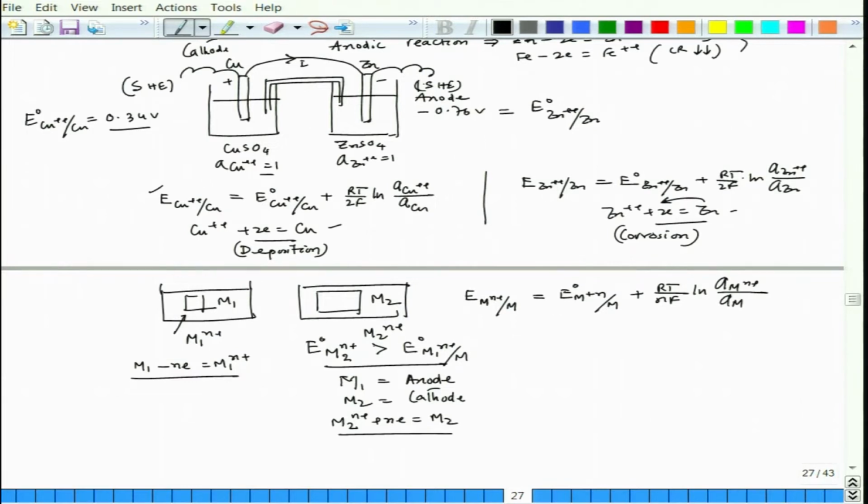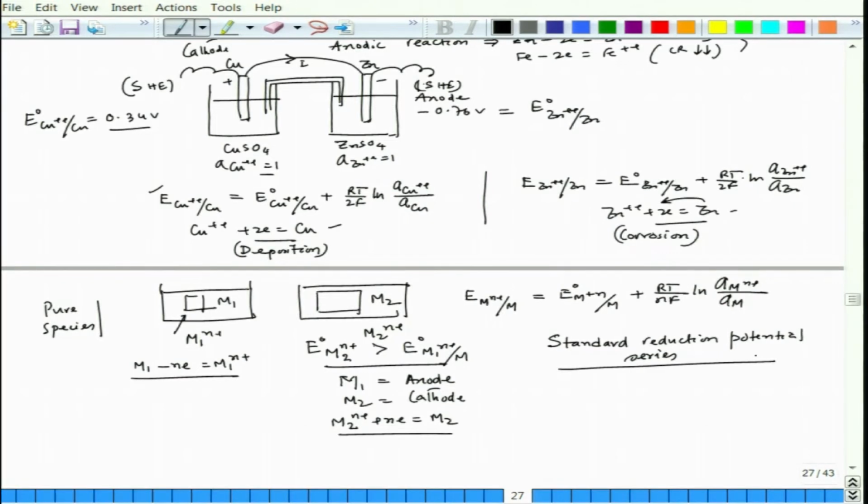So this is possible when it is a pure case, pure species, and here we can judge by looking at the standard reduction potential series.